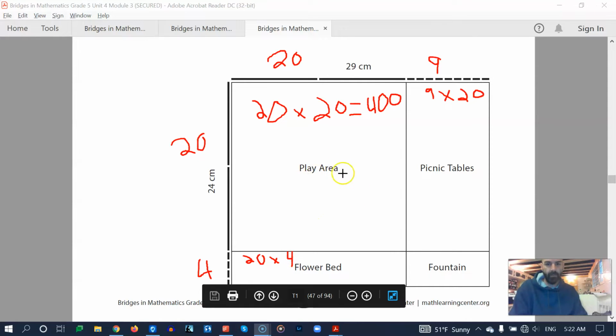So we have 400 centimeters squared, 180 centimeters squared, 80 centimeters squared, and then the fountain is 36 centimeters squared. 9 times 4 equals 36. And now I need to add all those together. So 400 plus 180 is 580, plus 80 again is 660, plus 36 is 696 centimeters squared. Ooh, that was really bad.